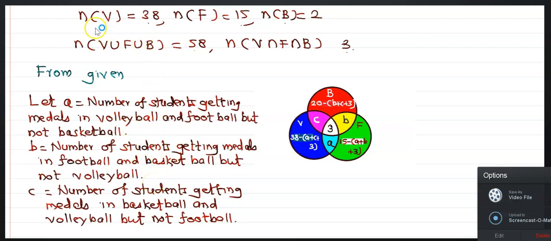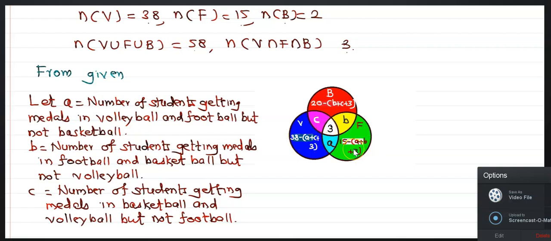Now V is equal to 38. These are the students who got the medals in volleyball. The students who got only volleyball are 38 minus (A plus 3 plus C).